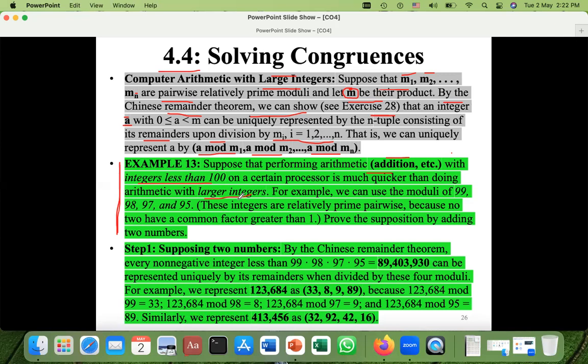So that is the idea which is giving us this strength that we can use the moduli.